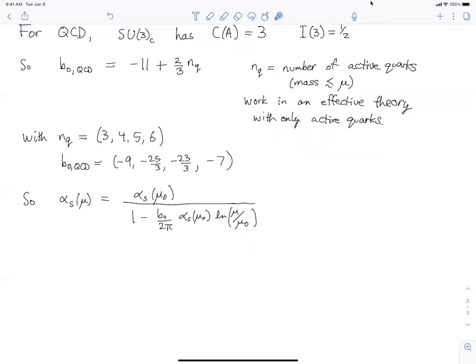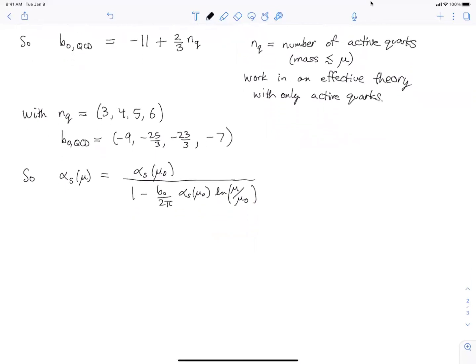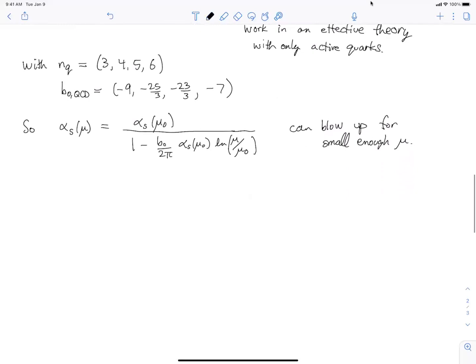So the moral of the story is this whole denominator could go to 0 for small enough mu. Okay, so alpha_S can blow up because the denominator is going to 0 for small enough mu. In fact, if you think about it, it sort of has to, because if you choose mu small enough, that denominator will eventually go to 0.